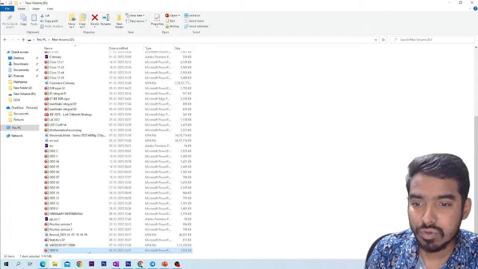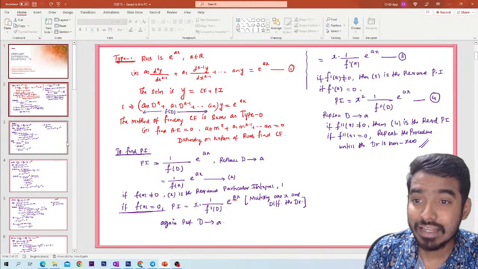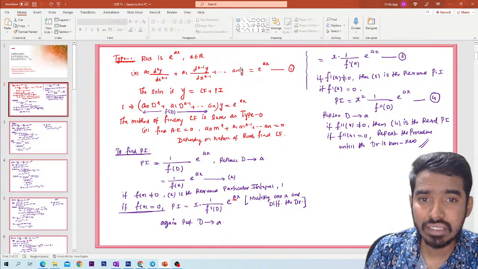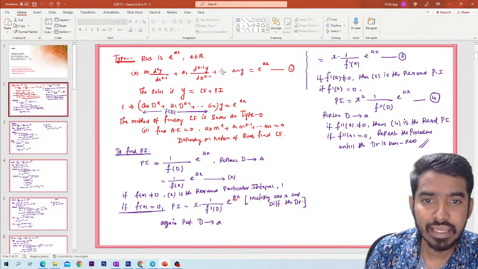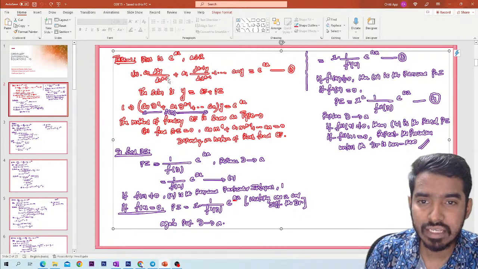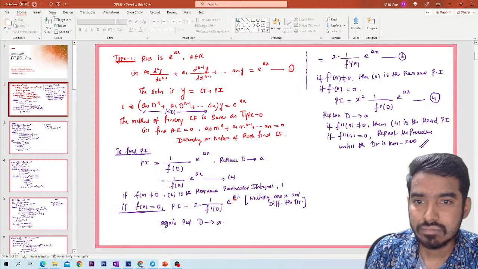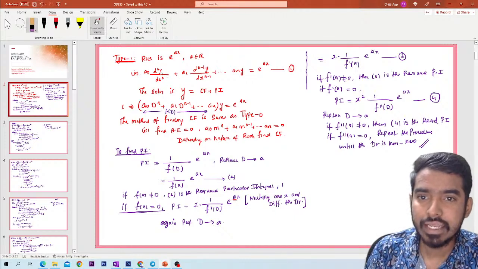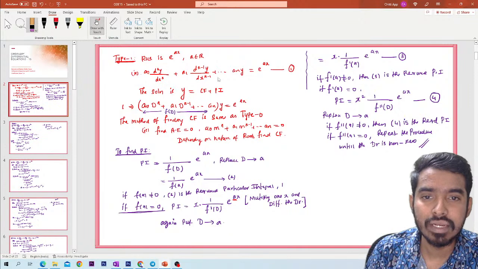I'll show you the notes of the previous class so that you understand what we are saying. In the previous class we discussed type 1 problems, where we have a linear differential equation a0 d^n y/dx^n + a1 d^(n-1) y/dx^(n-1) up to an y, and the RHS is e power ax.